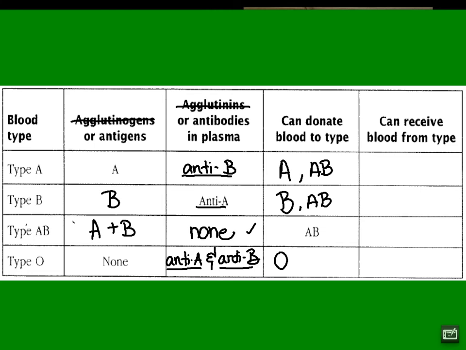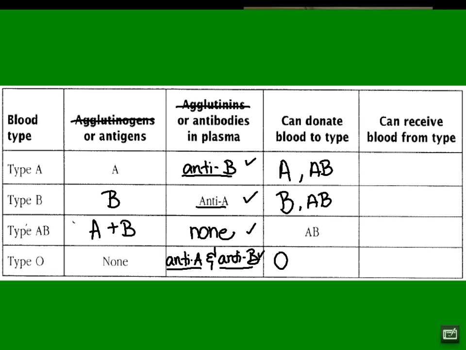Type AB, as it's listed here on the table, can only donate to type AB blood. If I put it into type A, it has the anti-B antibodies, which will attack, and type B has the anti-A antibodies, which will attack. Type O has both, so none of these three can I put type AB blood in without having a transfusion reaction.